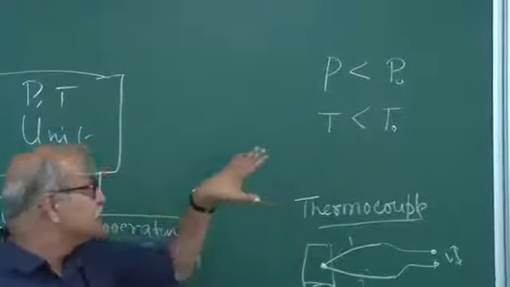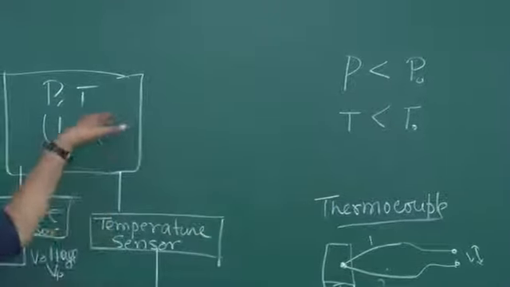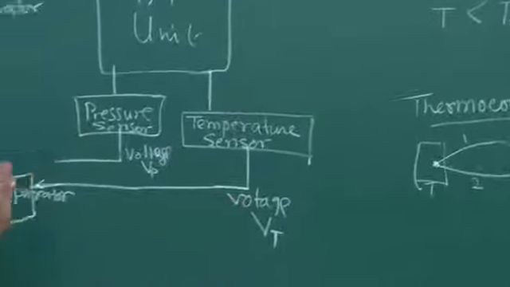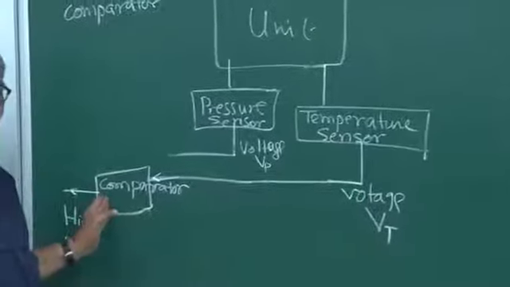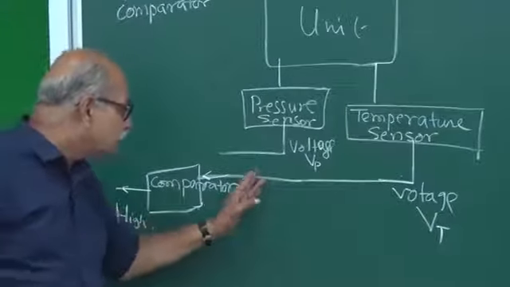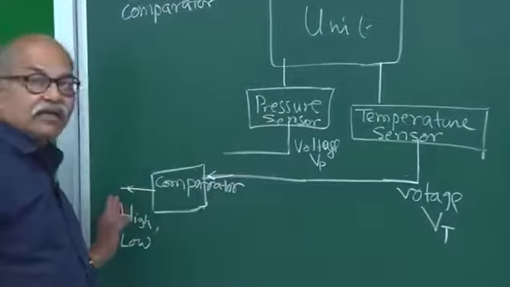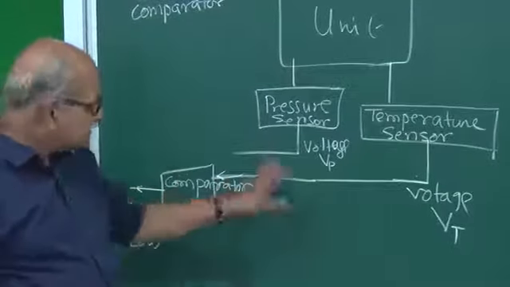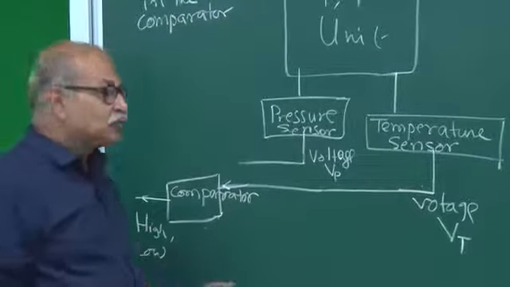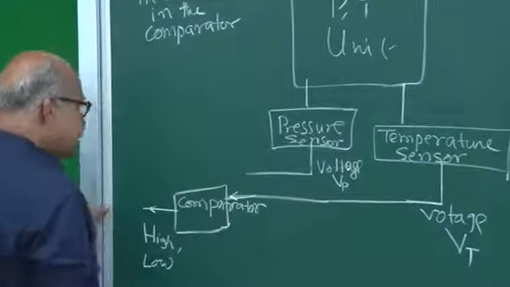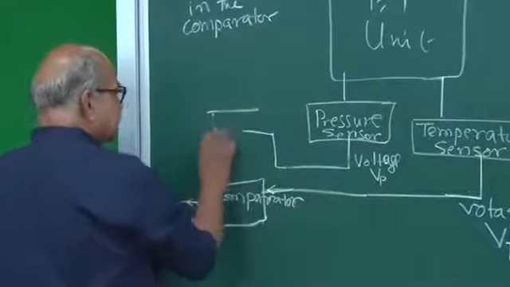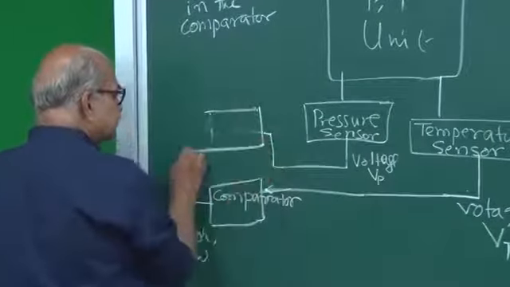So, I know at 370 degrees Celsius how much will be the voltage created here, so I can put that as the preset value. The moment this signal is more than that, it gives me this high output, and as long as it is less, it gives me the low output. So, this is it. Similarly, you can have a comparator here.